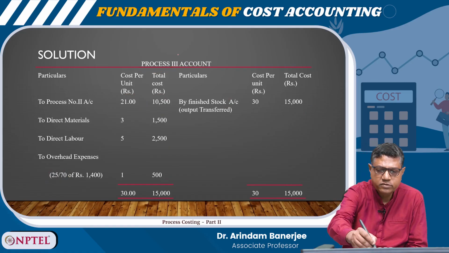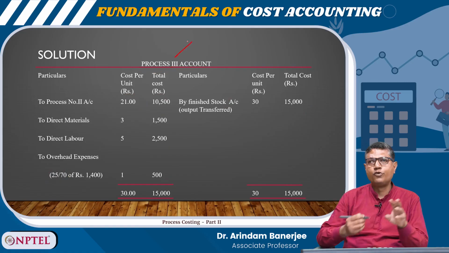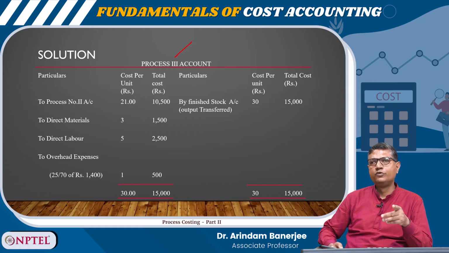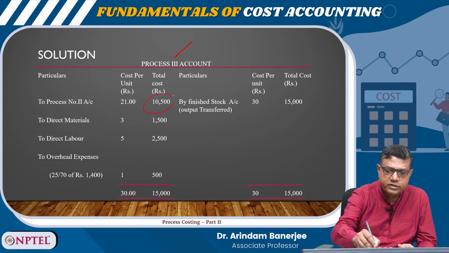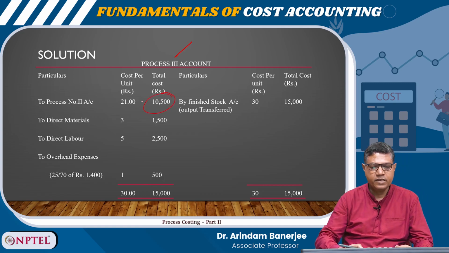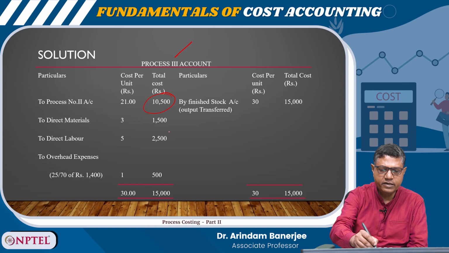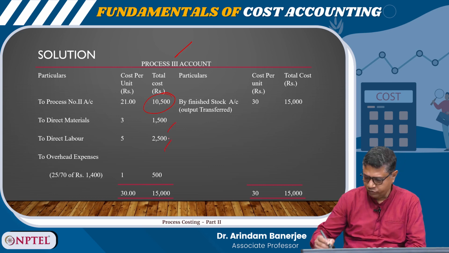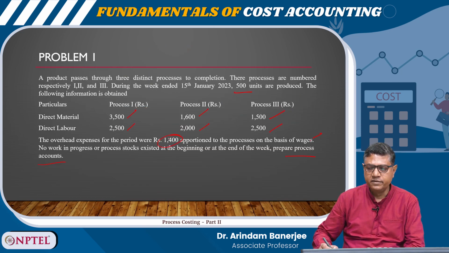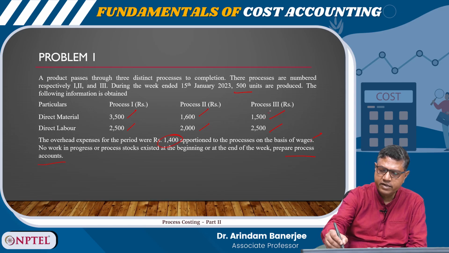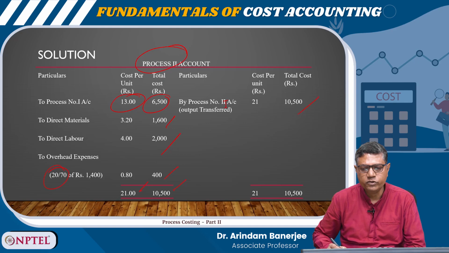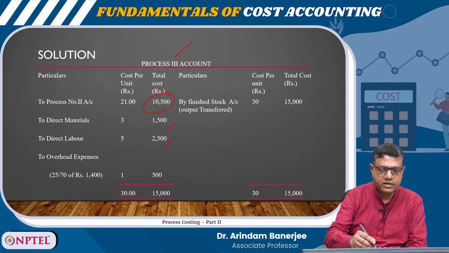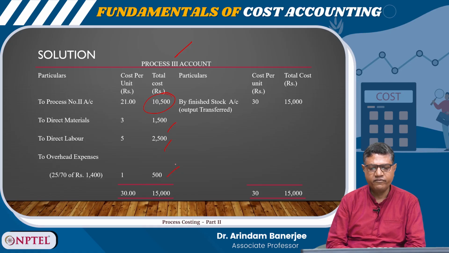Now, I am coming to process 3 account. There are a total of 3 processes: process 1, 2 and 3. So, 10,500 from process 2 is transferred. Direct material 1500 and direct labor 2500, as given here, are added to process 3, and overhead expenses proportionately added is 500.